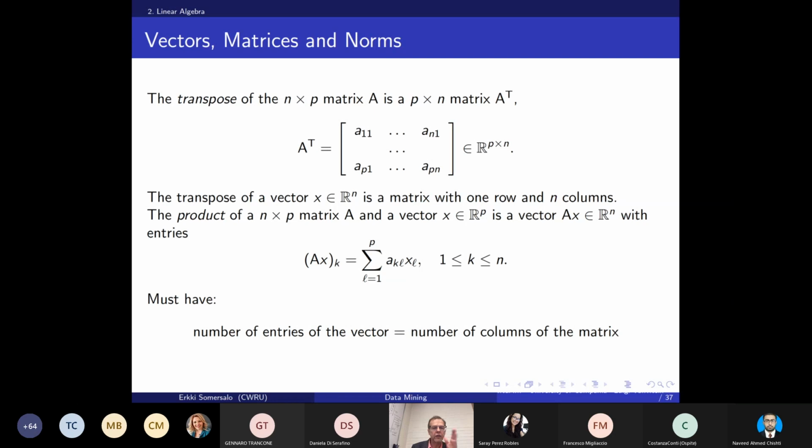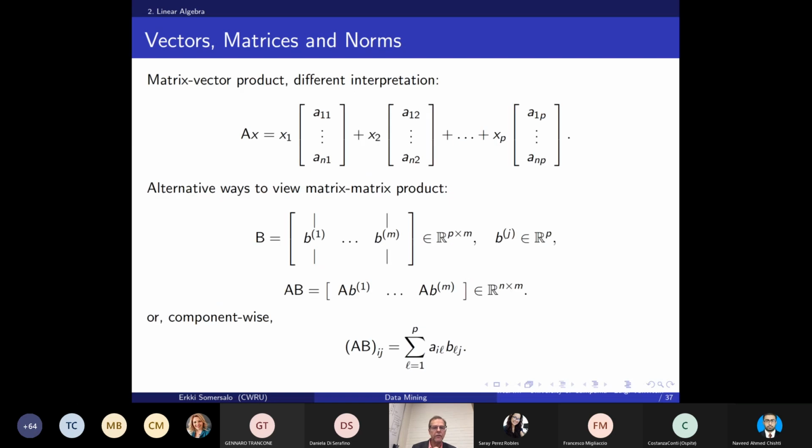Since we are talking about data, the fundamental objects that we are looking at are columns of a matrix. When we take a set of data, we typically organize the data so that the data vectors are columns of a matrix. And so it is useful to think of matrix vector products in a different way.